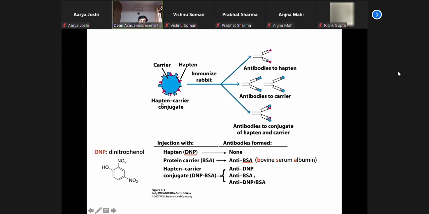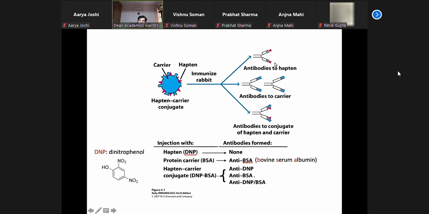Now, if you have this conjugate and you inject this whole thing into rabbits or any other species of vertebrates to induce an immune response, you are going to generate antibodies. Those antibodies will be generated against what?